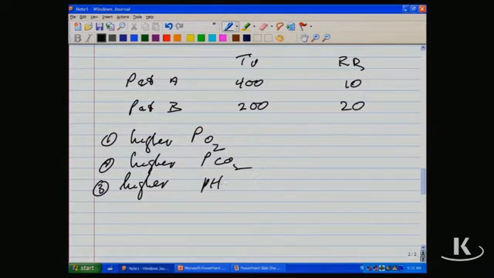Now, when you multiply tidal volume by respiratory rate, you've done that already, I'm sure, 400 by 10, 200 by 20, you've got the same answer. So the total ventilation is the same. So how do we distinguish and make a clinical estimate as to which one would you expect to have the higher PO2, the higher carbon dioxide, and the higher pH, and for that matter, the higher ventilation?